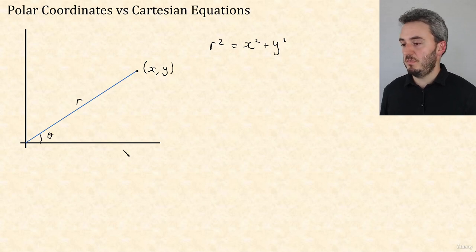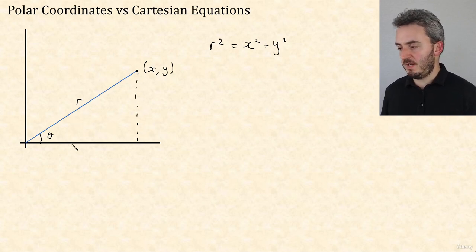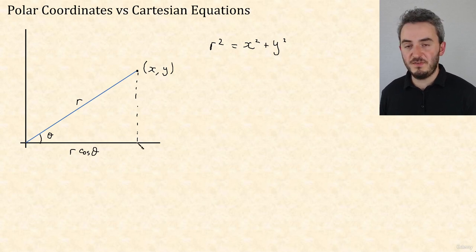We can also make connections between r, theta, and the x and y values by saying, well, in terms of r and theta, what is this length here? Well, this length down here is r cos theta. But what is that? Well, that is just the x value.